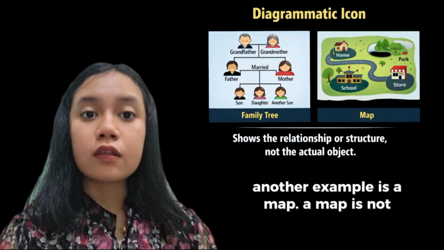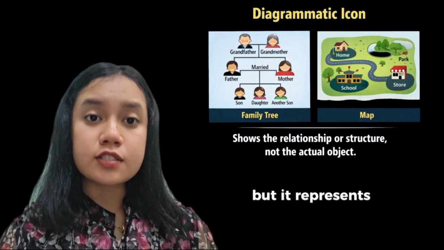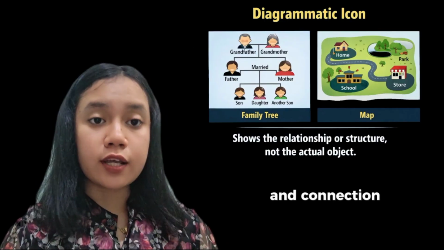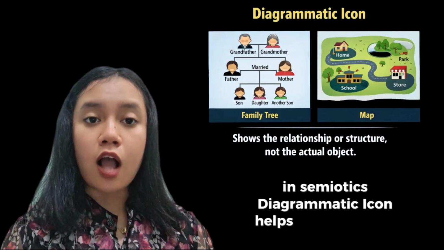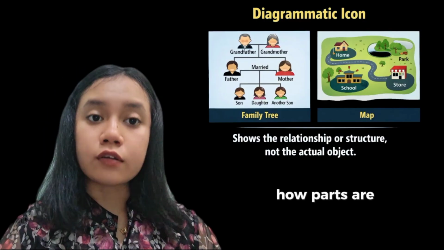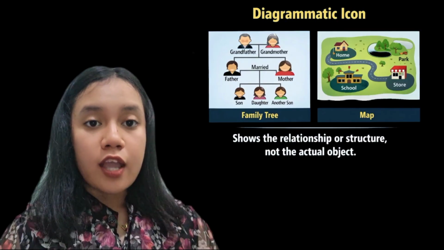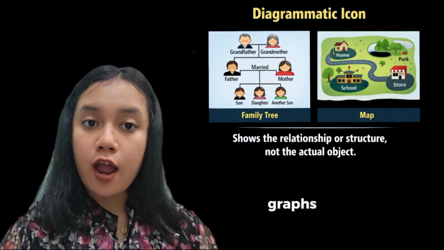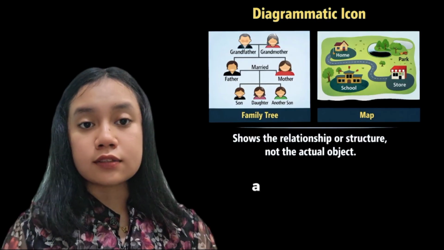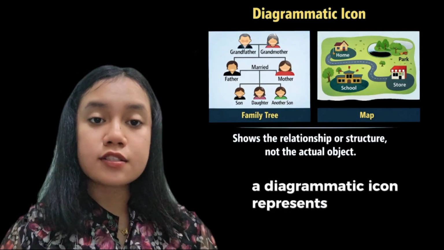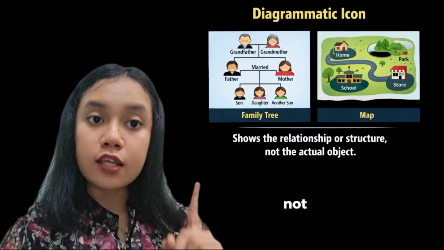A map is not the real place, but it represents the position and connection between locations. In semiotics, a diagrammatic icon helps us understand how parts are related to each other. It is very useful in charts, graphs, grammar structure, and logical patterns. So a diagrammatic icon represents similarity in structure, not in shape.